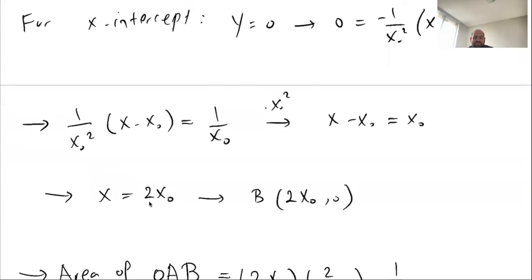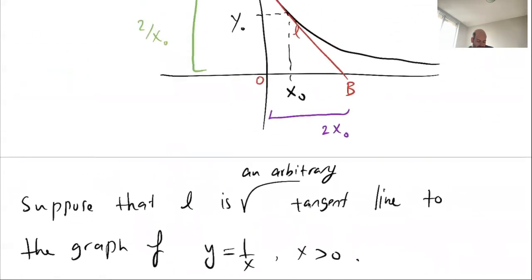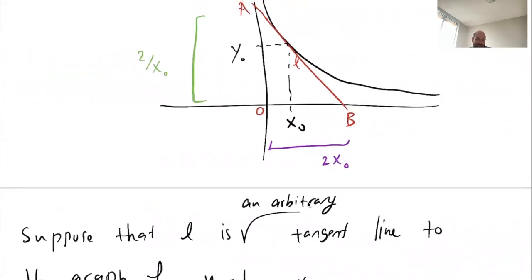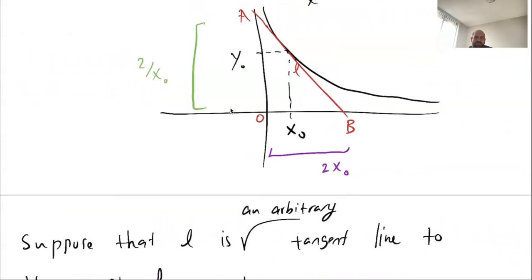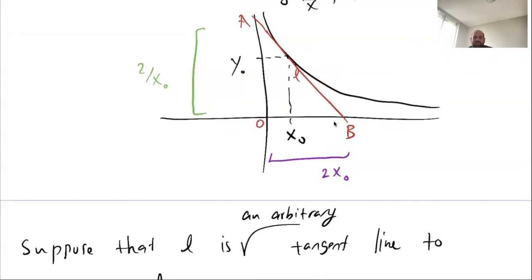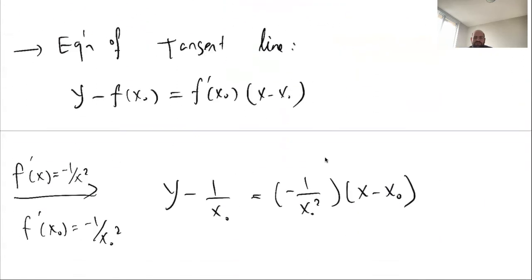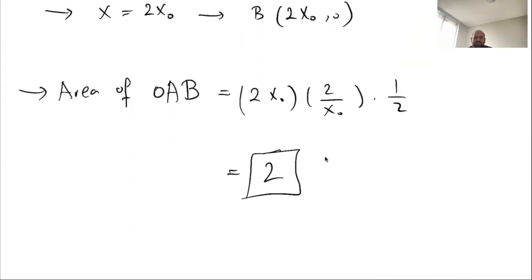The x value turns out to be 2x0. So the point B is 2x0 and 0, and this length is 2x0. And this length here, because point A was 0 and 2 over x0, is 2 over x0. Then we just need to find the area of OAB, height times base divided by 2. So 2x0 times 2 over x0 times 1/2. The answer is 2.